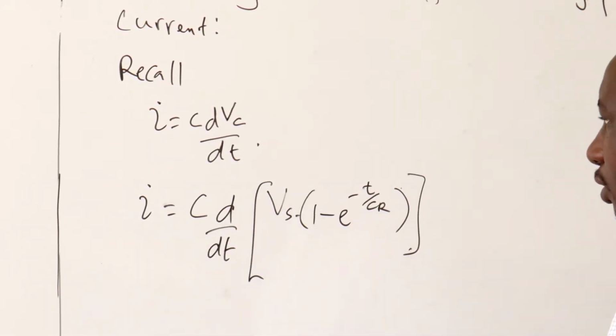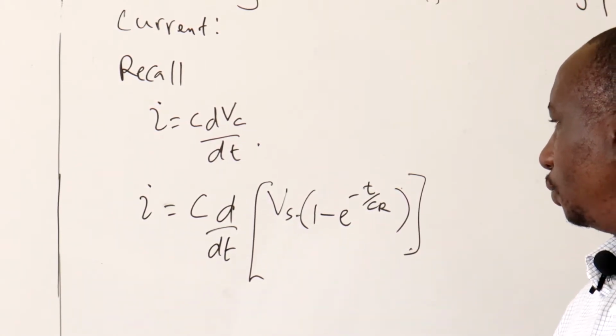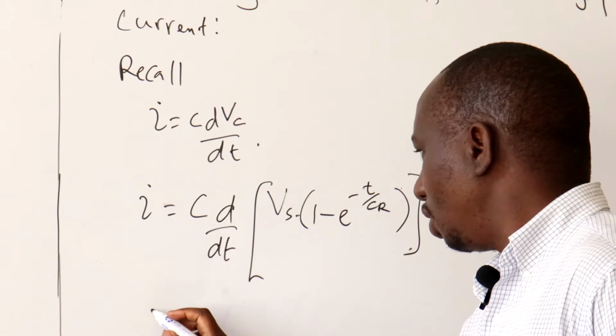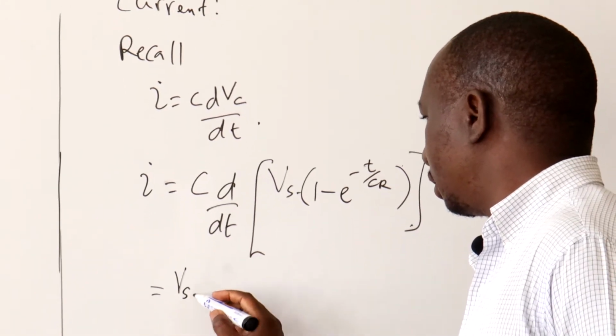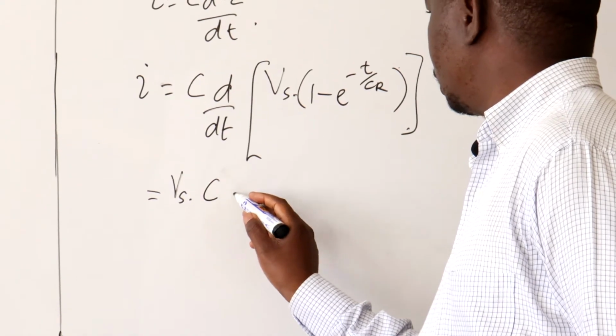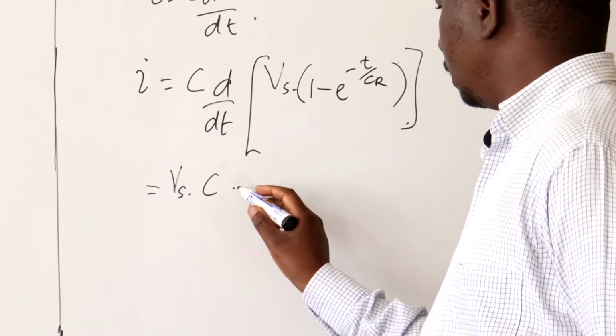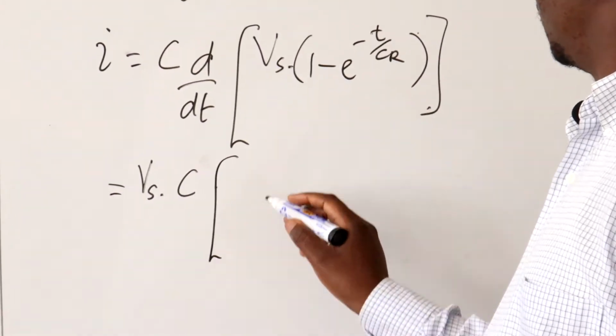So Vs is constant and we differentiate the rest with respect to t. We shall have this as C Vs times the derivative.